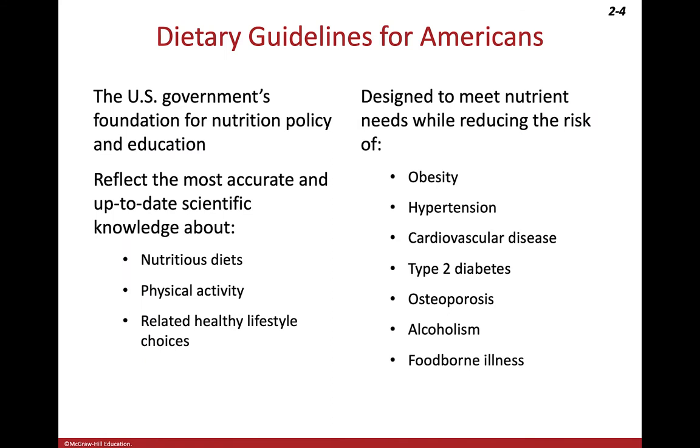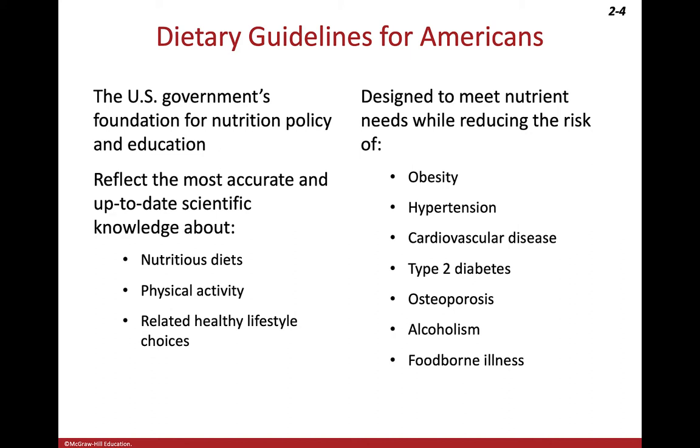Now we want to look at something known as the Dietary Guidelines for Americans. This is a government foundation for nutrition policy and education. Their overall goal is to reflect accurate and up-to-date scientific data about nutritious diets, physical activity, and related healthy lifestyle choices.